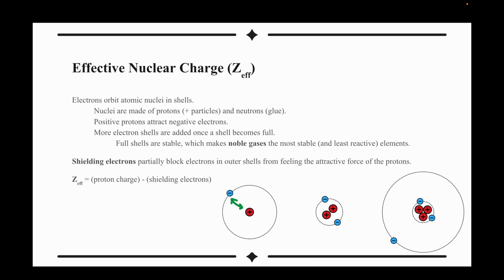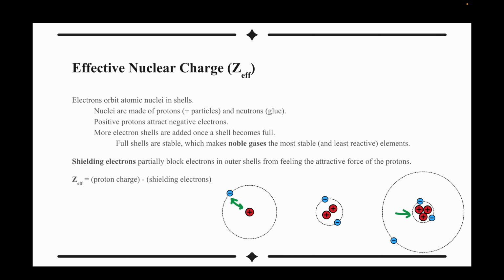When we add a new shell, the electrons between that new shell and the nucleus are considered shielding electrons, which we can see for these electrons in the image on the right. Shielding electrons partially block electrons in outer shells from feeling the full attractive force of the protons.